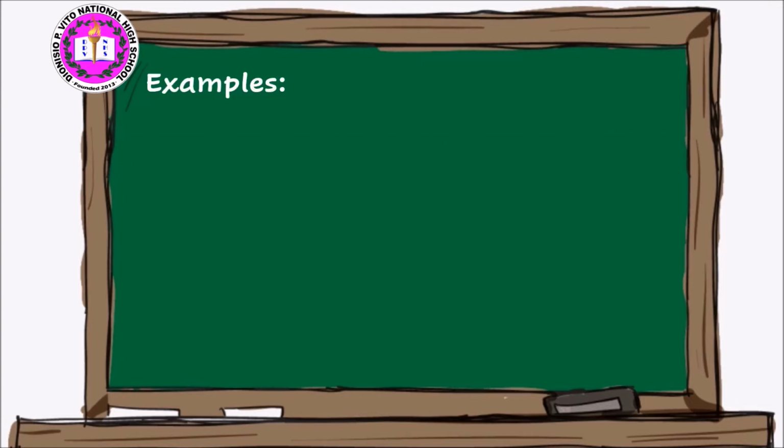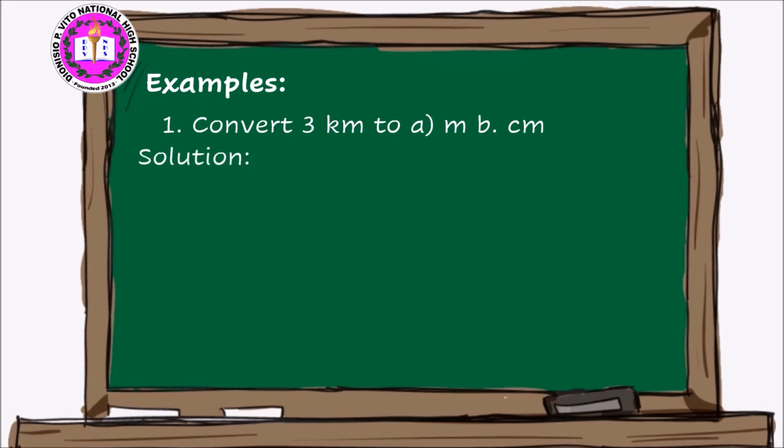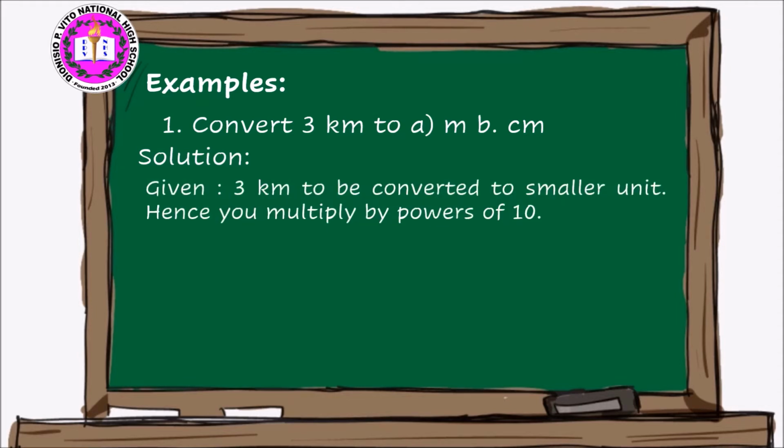For example, if we are going to convert 3 kilometers to meters and centimeters, our solution will be: the given is 3 kilometers to be converted to a smaller unit, hence you multiply by powers of 10.